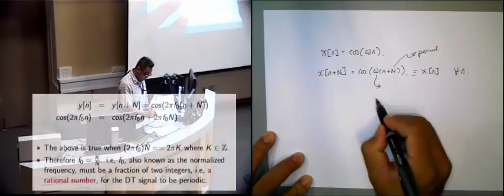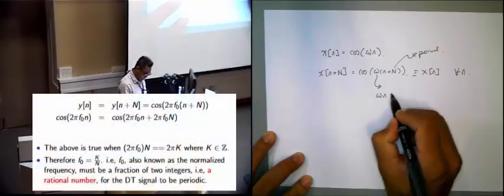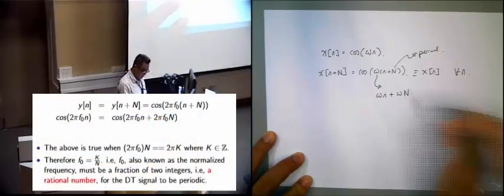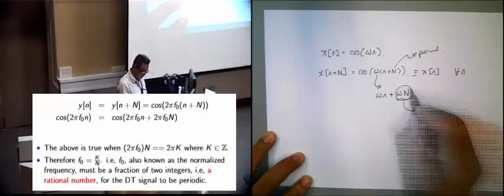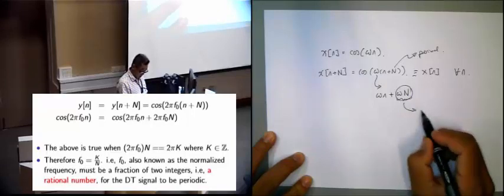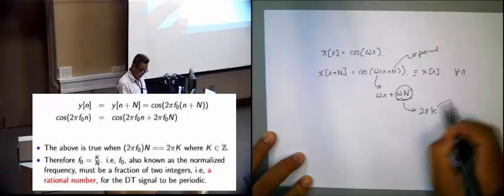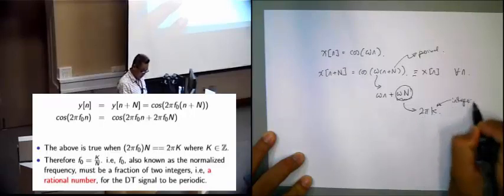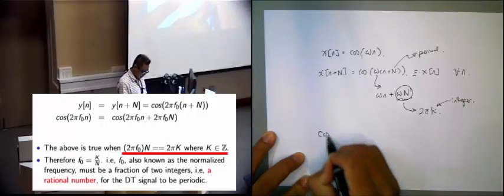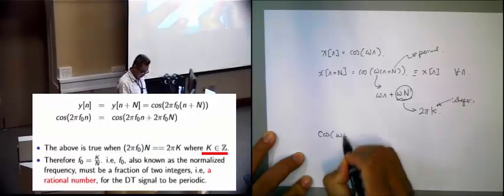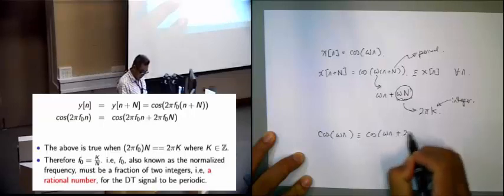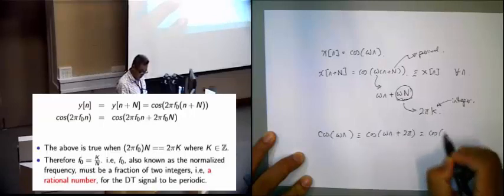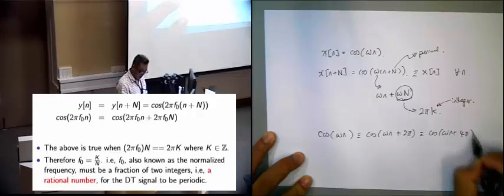So we open it up, and it will be omega n plus omega big N. When this condition, this multiplication of omega times big N, is equal to 2 pi times k, and k is an integer, then we will see something that looks like this, which is what we always know: cosine omega n is equal to cosine of omega n plus 2 pi, which is equal to cosine of omega n plus 4 pi, and so on.